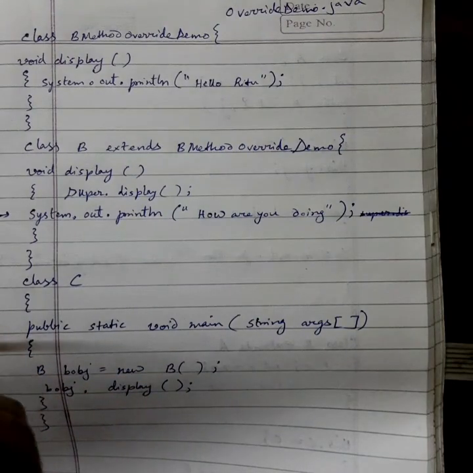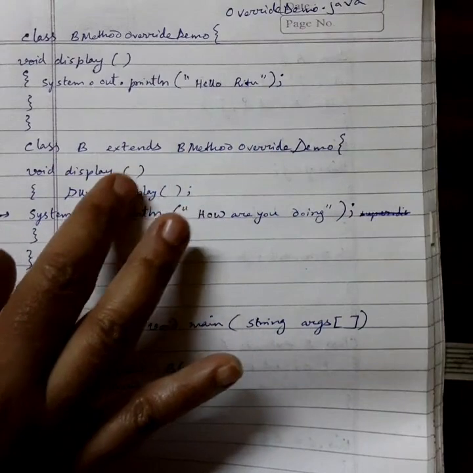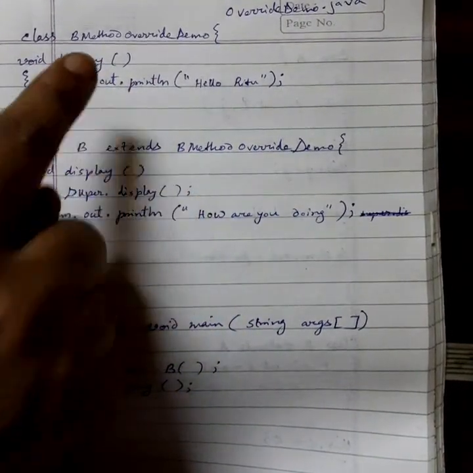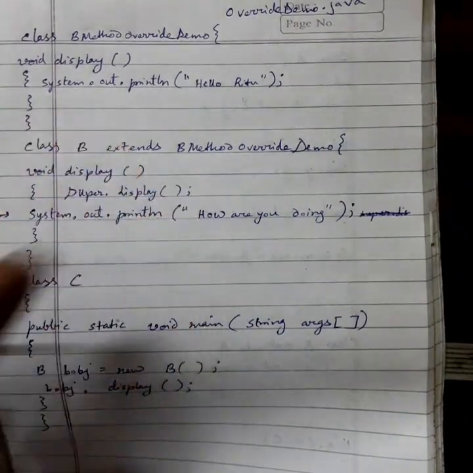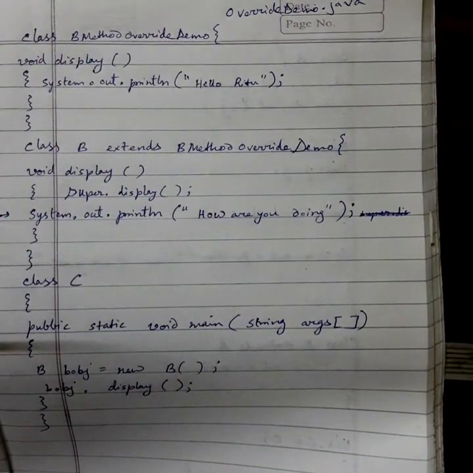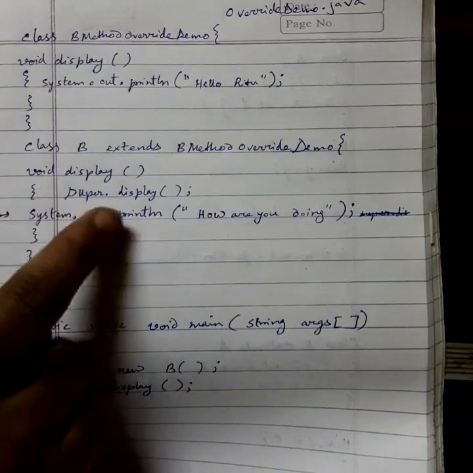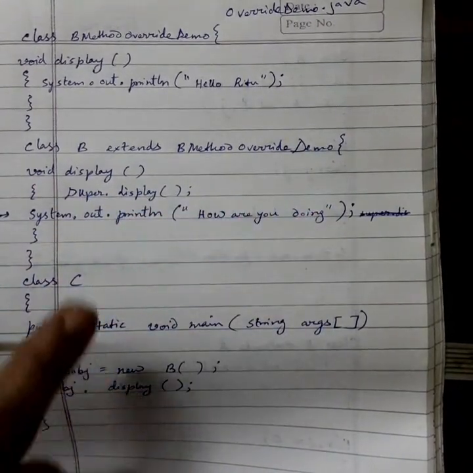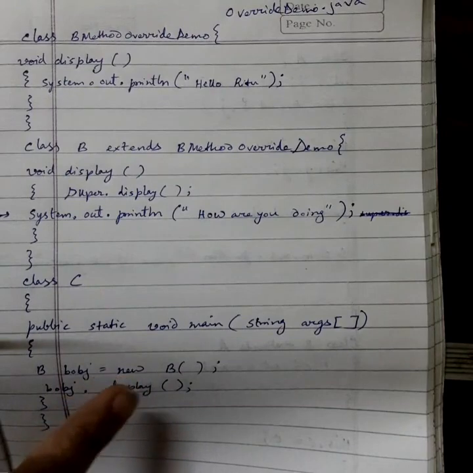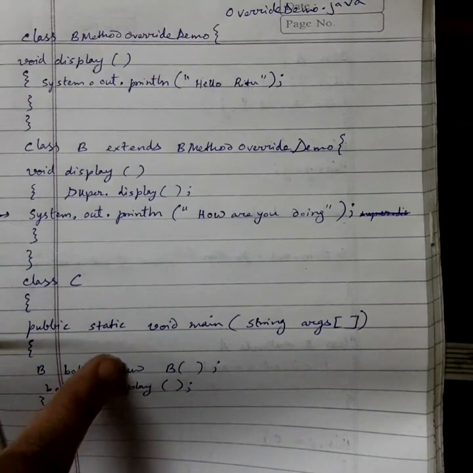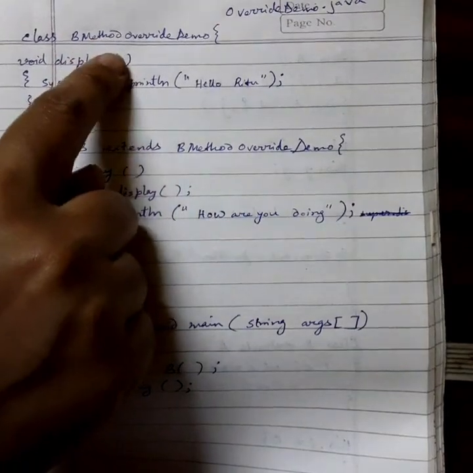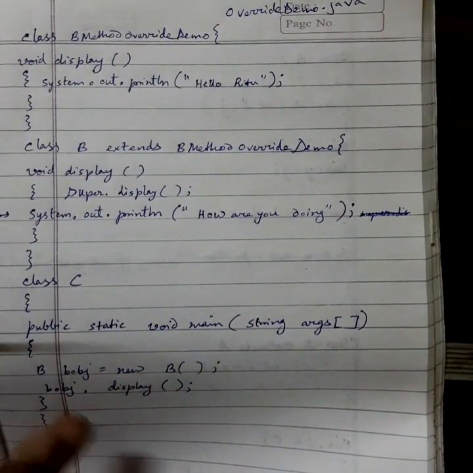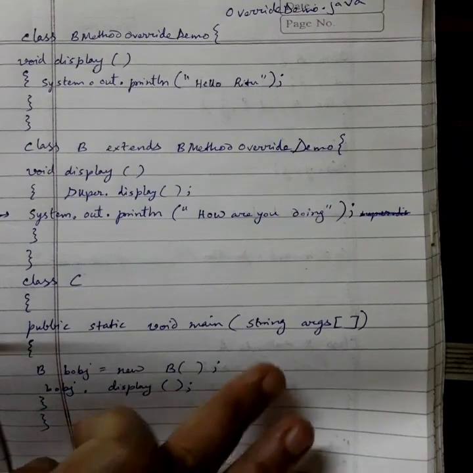If we use super.display, the super class's display method gets invoked. That is how we print both the statements. And then after displaying how are you doing, control comes here. So the execution flow is from here to here to here, then back here, then here, and terminated.